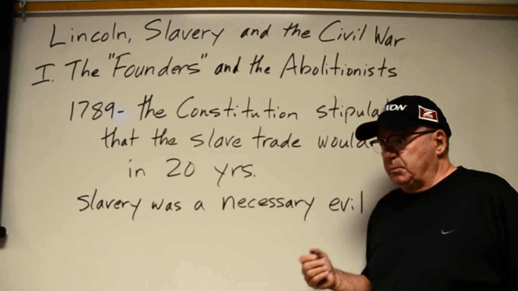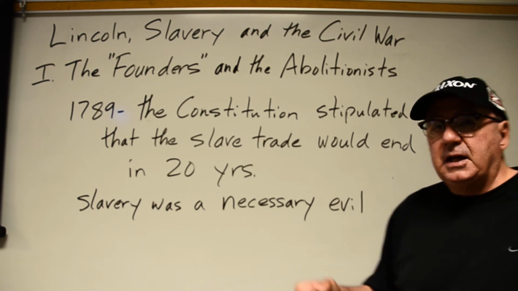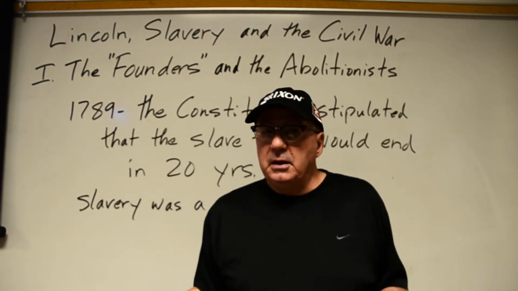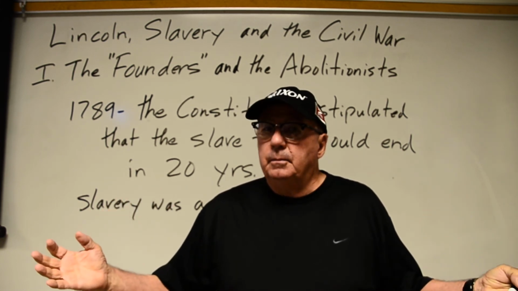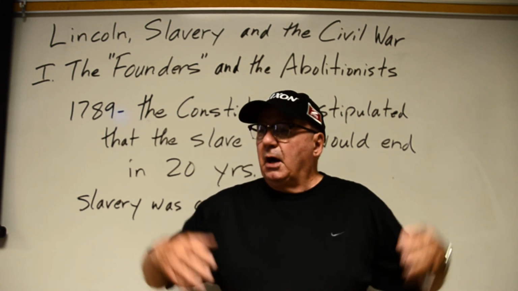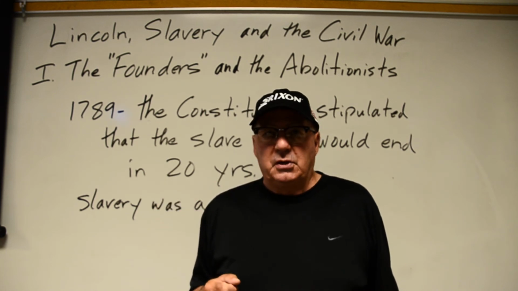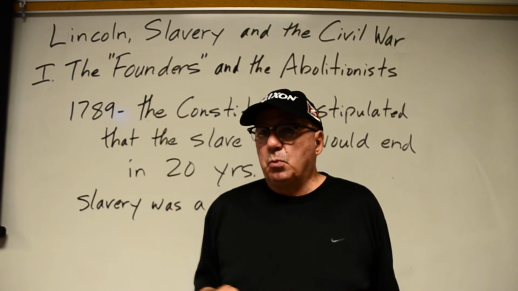And Jefferson put it this way: having slavery is like having a wolf by the ears. You don't really like to have a wolf by the ears, but you don't really want to let the wolf go. And what they were afraid of is if you got rid of slavery, there would be so much antagonism on the part of the former slaves towards those who had enslaved them that you'd have a race war.